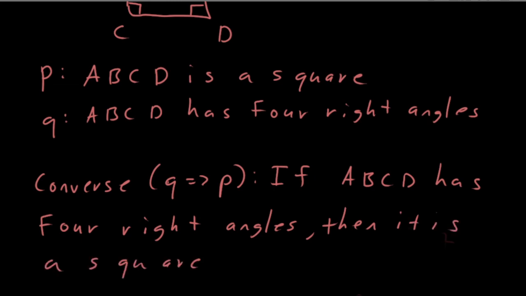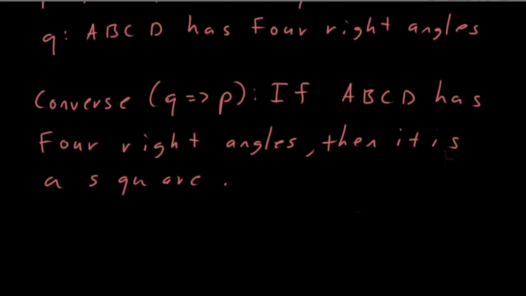So that's how we would do the converse of our statement P implies Q. It would be Q implies P. Now let's do the inverse.